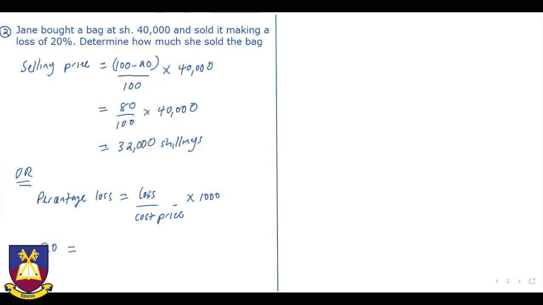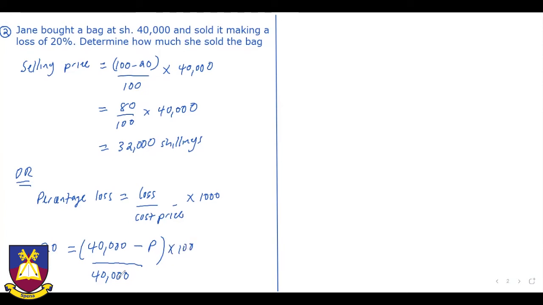We're going to have the loss, which is going to be buying price minus selling price. We know the buying price was 40,000. Selling price could be something like P, out of the cost price which is 40,000. Then this is times 100.